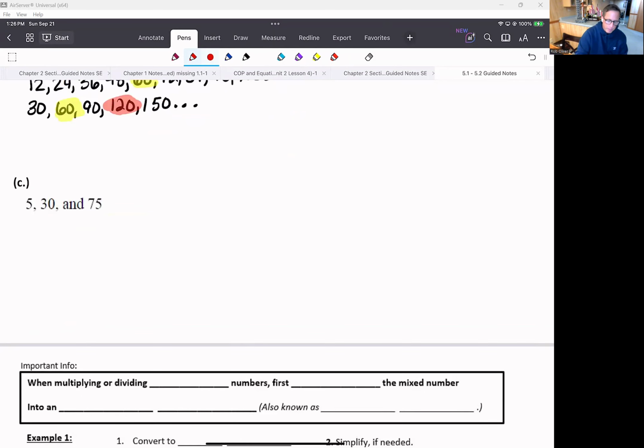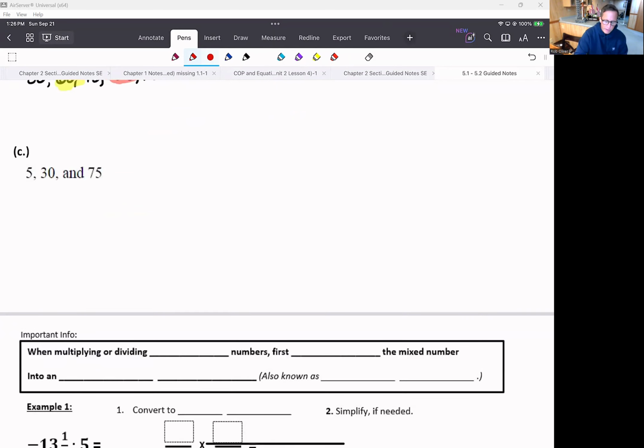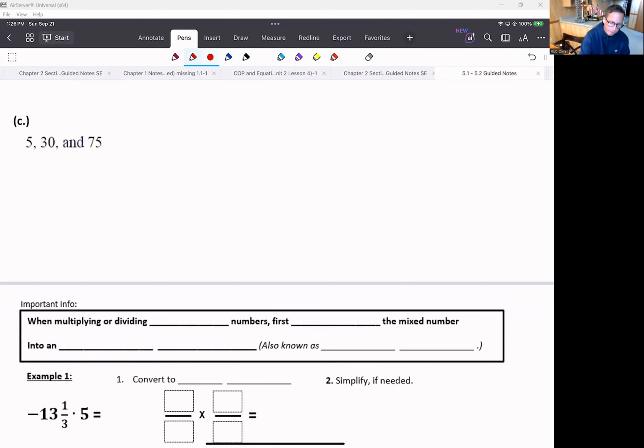All right, the least common multiple of 5, 30, and 75. Listing out multiples of 5: 10, 15, 20. Now, I can keep going, but it's definitely going to have to be over 75 because 75 is the biggest number.